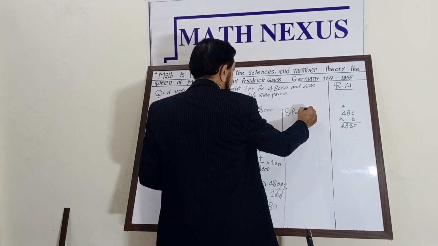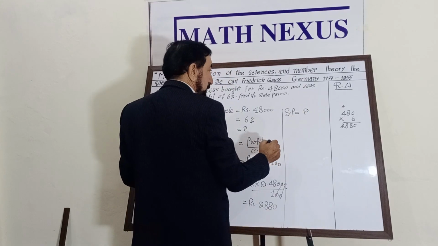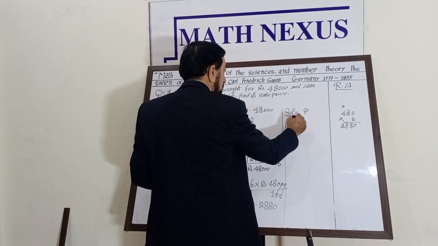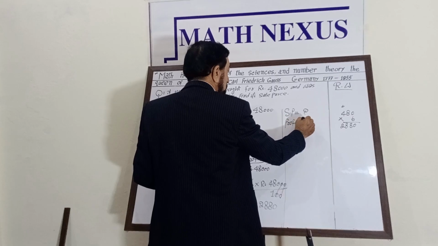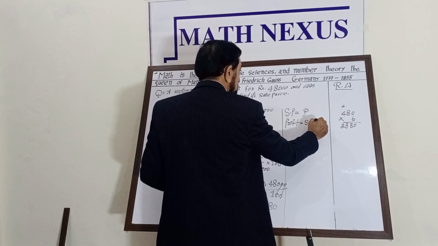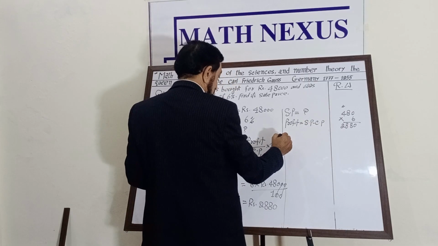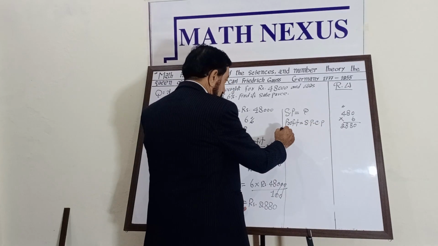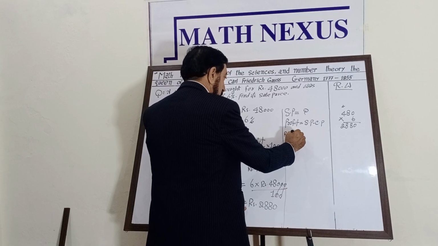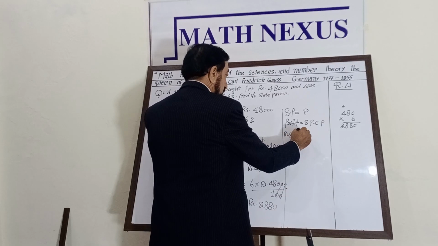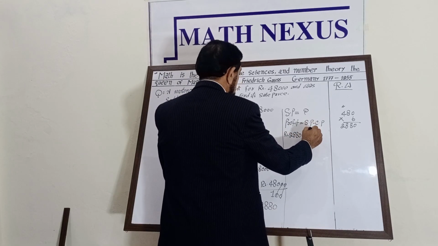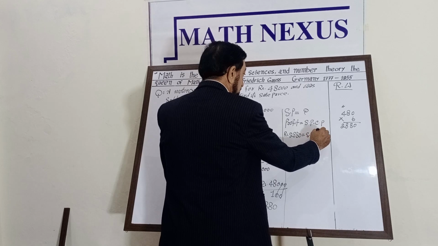Now sale price is unknown. We have a formula: profit is equal to sale price minus cost price. Profit is equal to 2,880, sale price unknown, minus cost price 48,000.